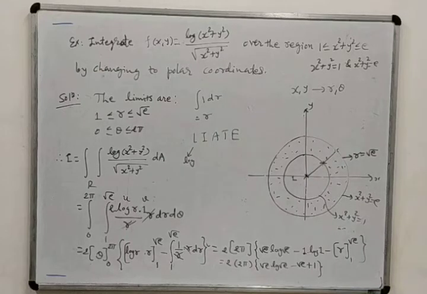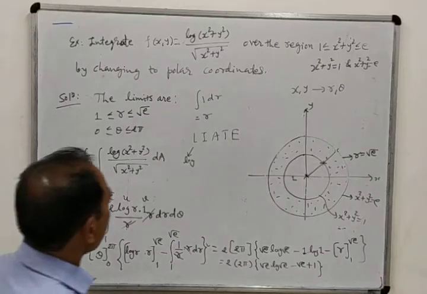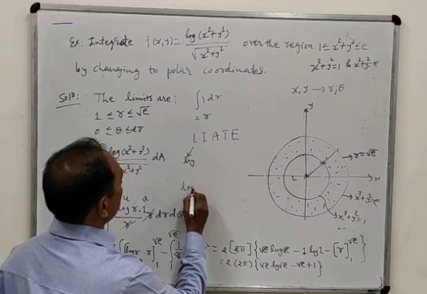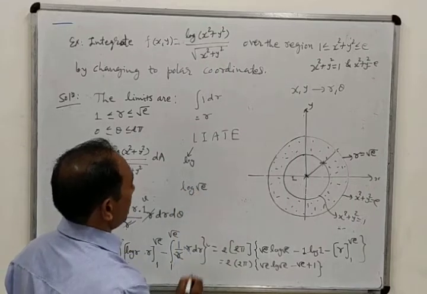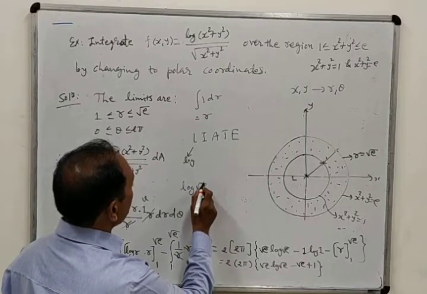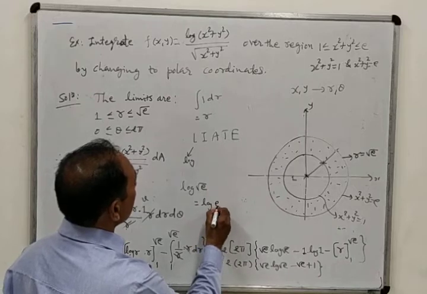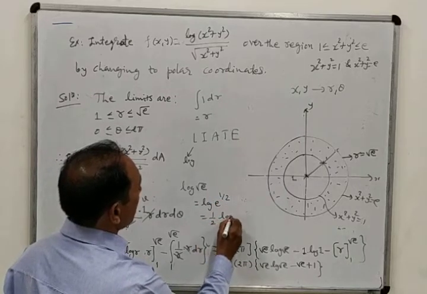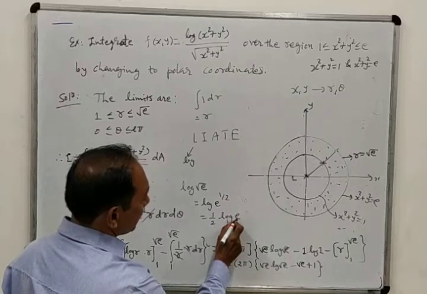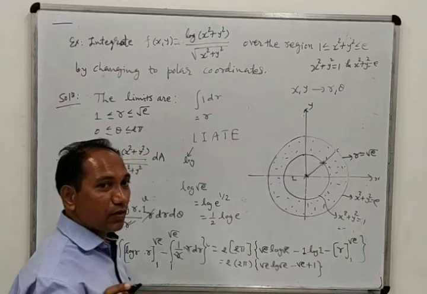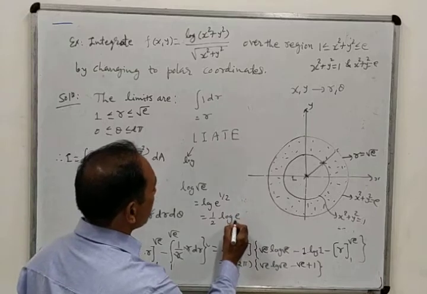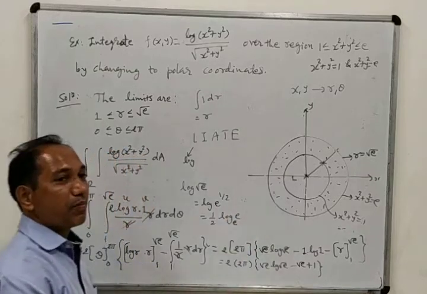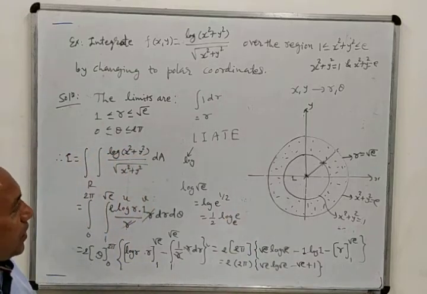So it is the required answer. And here one more thing: what about log of root e? Log of root e means log of e raised to 1/2. So 1/2 we can take outside, so log of e. Obviously the base we are not writing. I told you that whenever the base of log is not written, it is by default understood as base e.